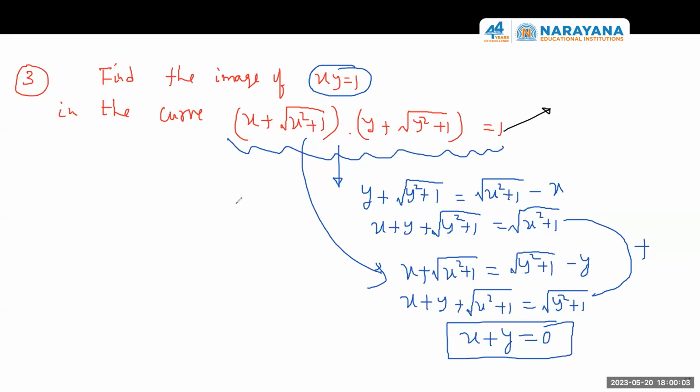Itself. The transverse axis: what is the image of A comma B in x plus y equal to 0? Minus B minus A. Yes, minus B minus A. That is minus A minus B if you are taking the image in the origin.